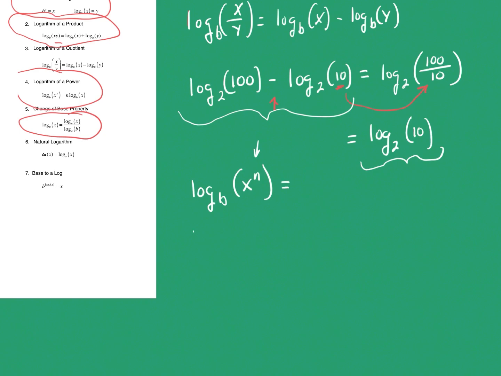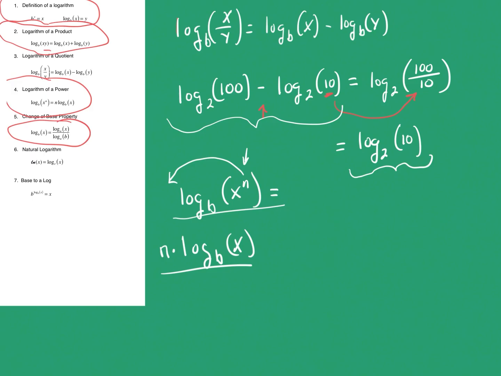Well, I can rewrite that as log base x, and I can move this n out in front of the logarithm. So it's n times. So these two things are equal. I'll write that again a little more explicitly: log b of x to the n equals n log b of x.